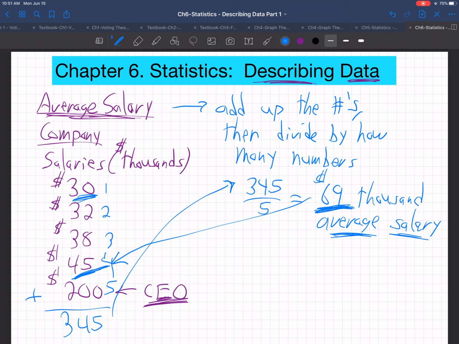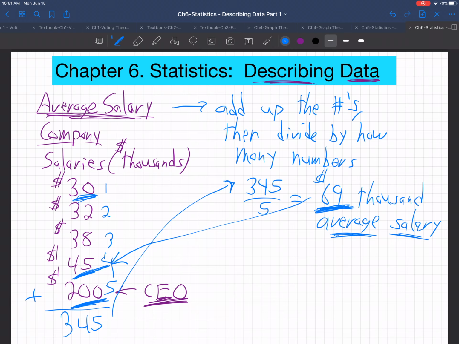Well, maybe it's 2/3. So no way you're going to make 69,000. The best you're going to do is 45, maybe over a long time. You're not even going to come close to 69,000. So do you see that the 69,000 is not doing a good job of telling you what the typical salary is at this company? Why not? It's because that 200,000 threw everything off.